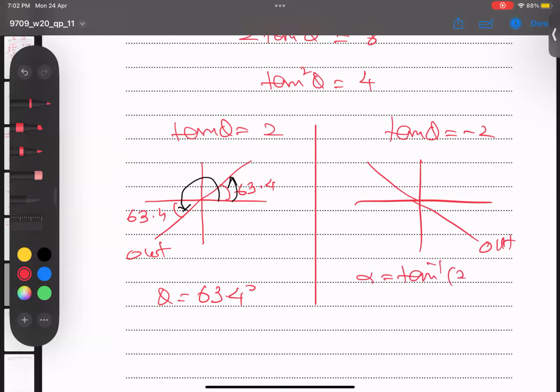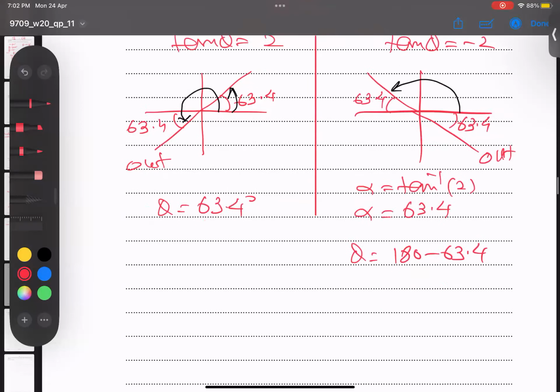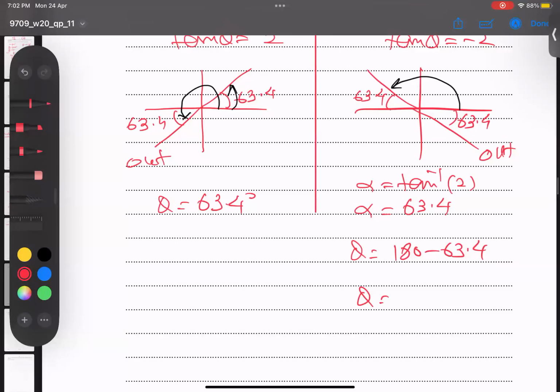I will take a principal angle, alpha is coming 63.4, but I will not take the negative sign, make sure. Now I find theta. So 63.4 is here and 63.4 is here. What is my first answer? This is it. And I can say that 180 minus 63.4, and my answer is coming 116.6 degrees.